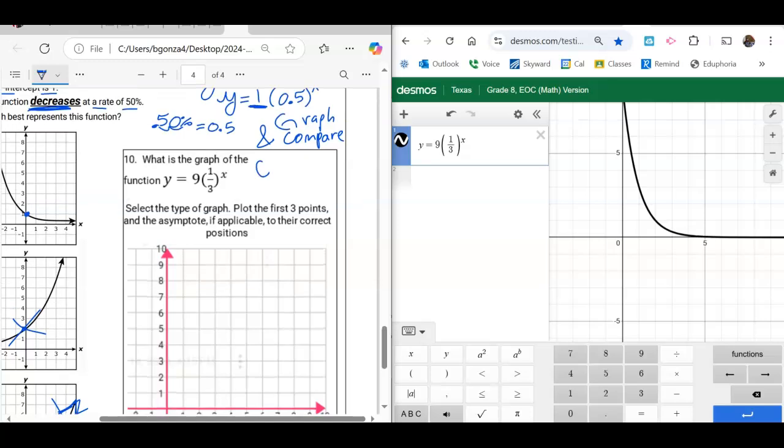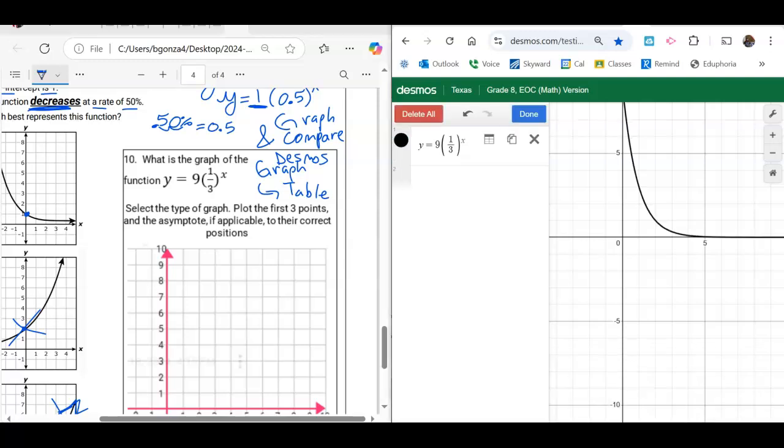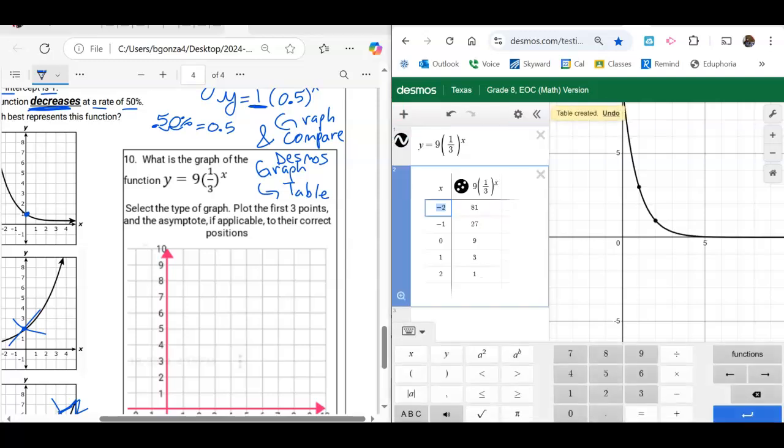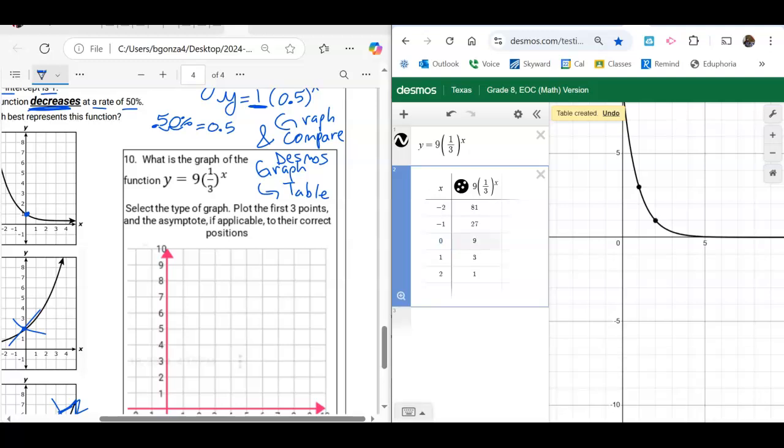And this one you're going to graph in Desmos and then get a table. How do you get a table? The widget, hit the table button. Okay. So you got your table right here: 0, 9; 1, 3; 2, 1.